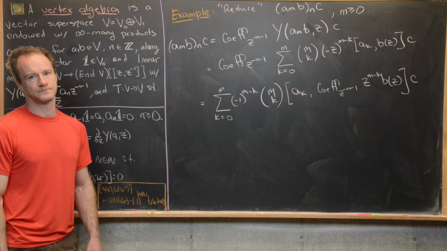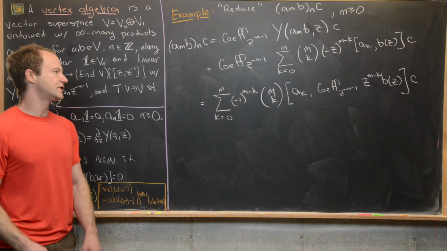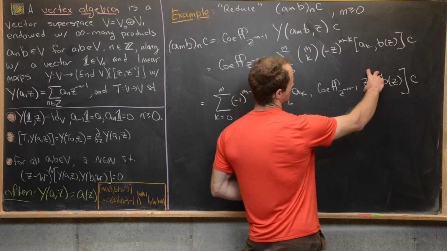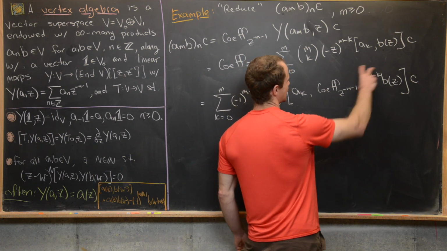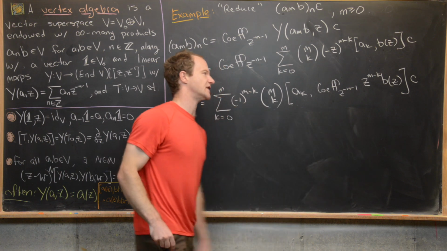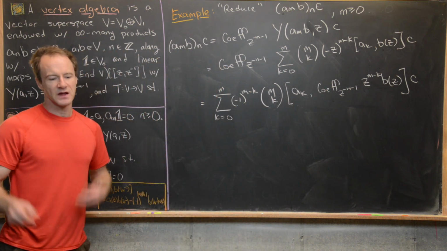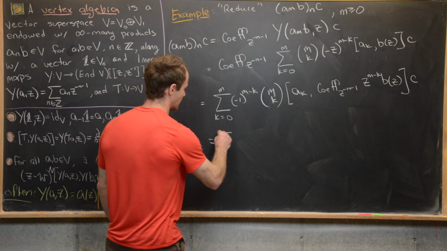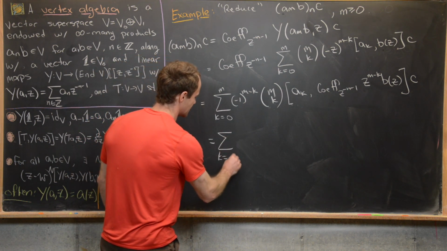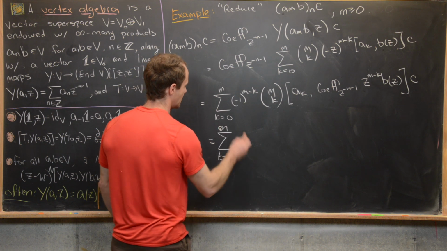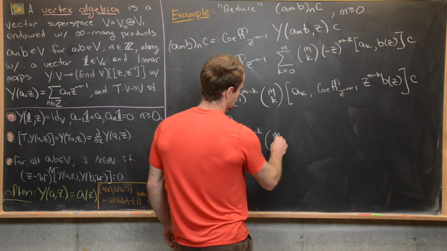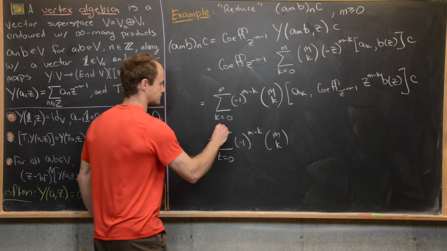So like that. And now you can really do a number of things to figure out what this is. You could maybe absorb this z^(m-k) into the coefficient and change the exponent down there. But any way you do it, you'll get the same thing. So let's see what we get. We'll get the sum as k goes from 0 up to m. And then we'll have -1 to the m minus k, m choose k.